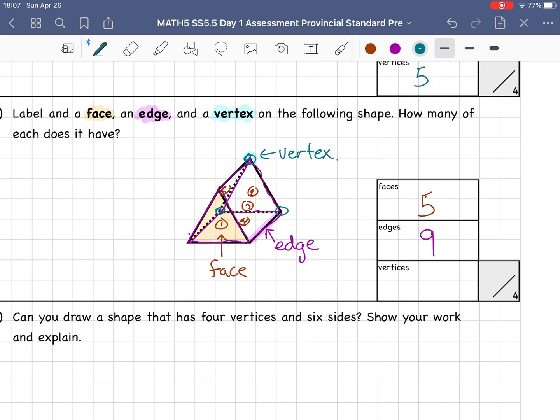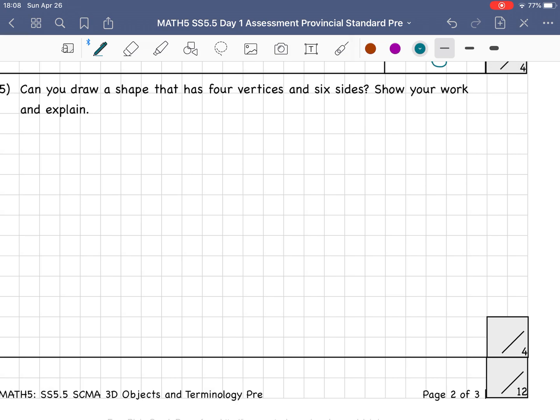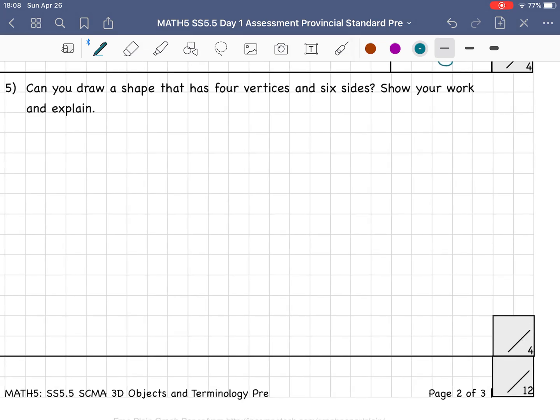And vertices. We have 1, 2, 3, 4, 5, 6. 6 vertices. This shape is called a triangular prism. It's called a triangular prism because it is the shape of a triangle dragged out into 3 dimensions.